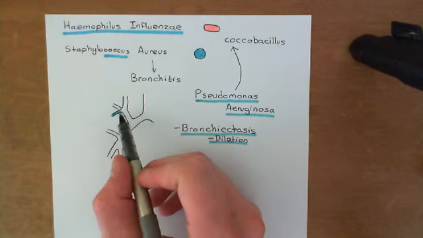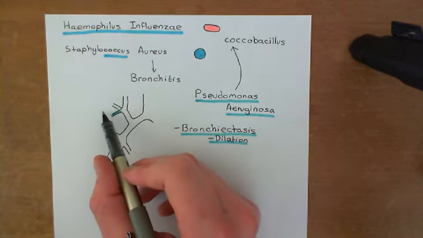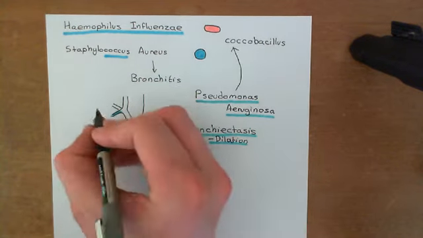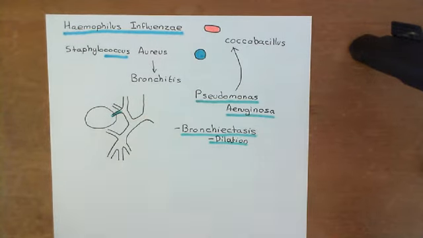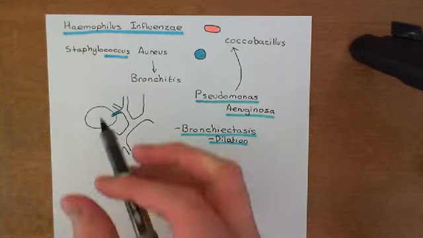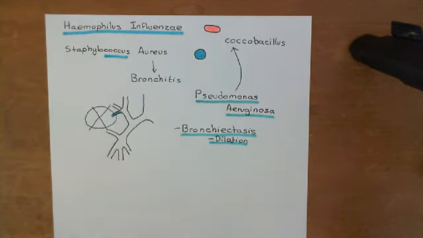When you've obstructed a bronchus like this, all of the bronchioles and all of the alveoli downstream of this, so I'll draw a huge great segment of the lung here, all of this is now not going to get oxygen coming into it. So all of these alveoli are now non-functional, basically. They're not helping to bring oxygen into the blood or expel carbon dioxide. When enough alveoli are no longer useful, then your lungs are not going to be able to function anymore.